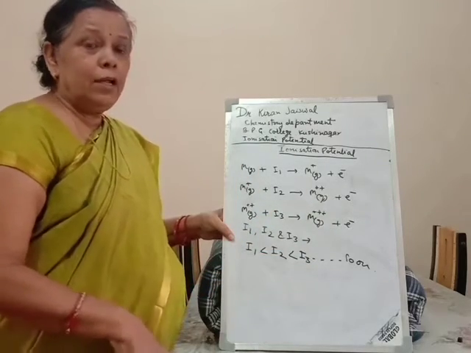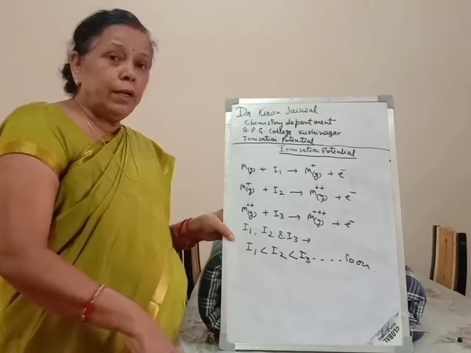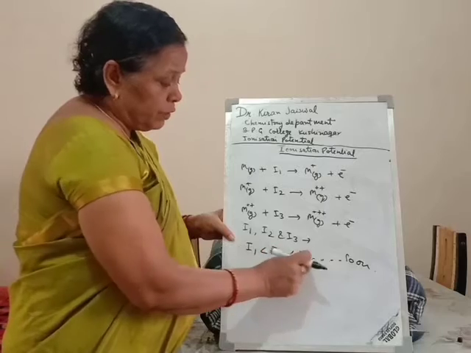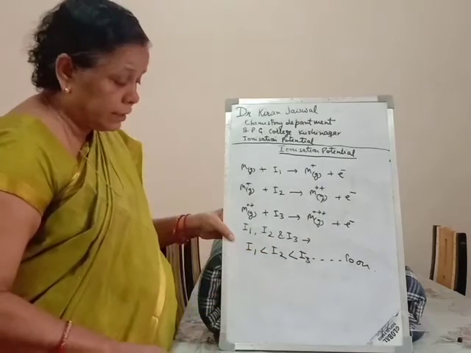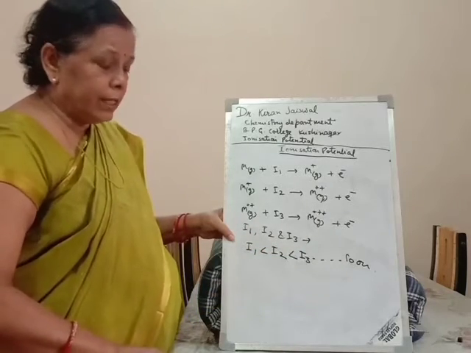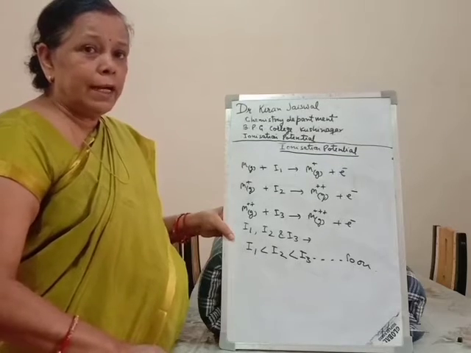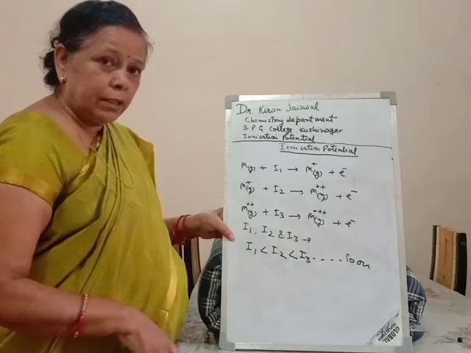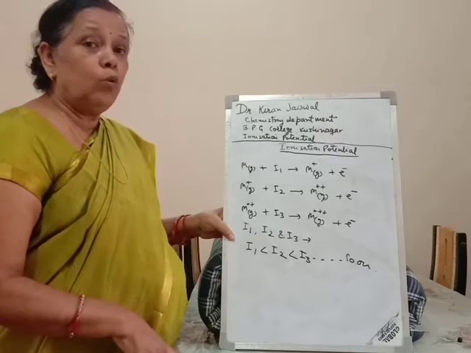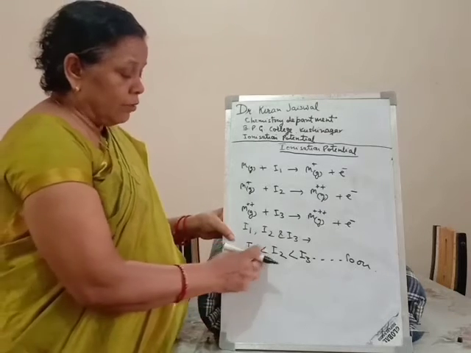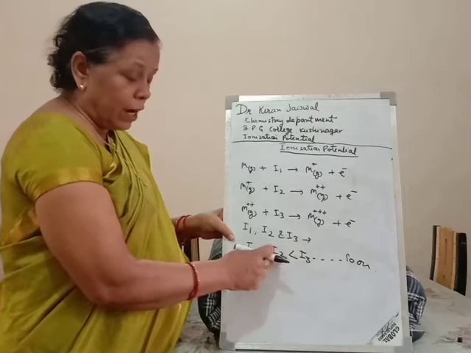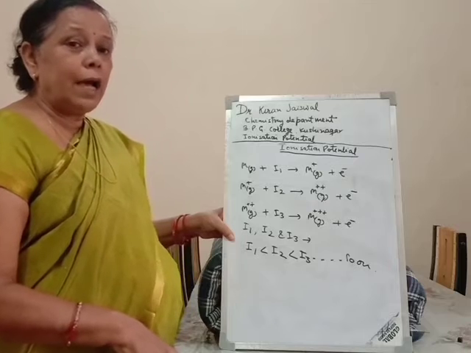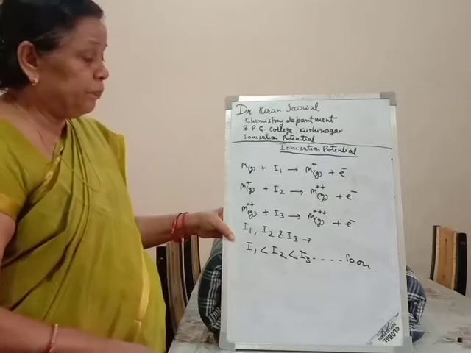So I1 is less than I2, I2 is less than I3, and so on. This is the ionization potential.